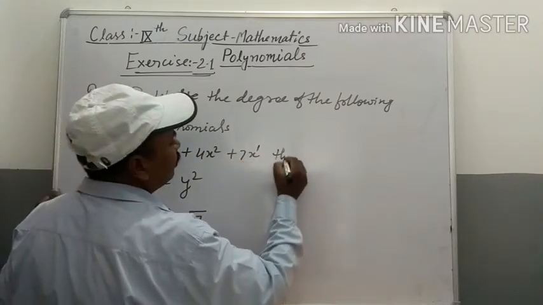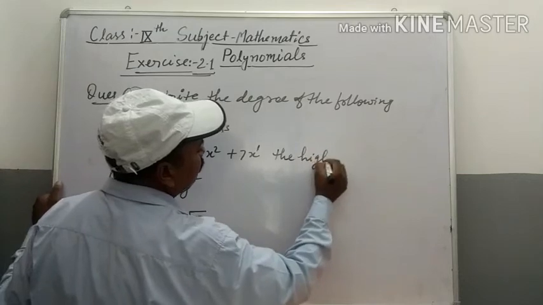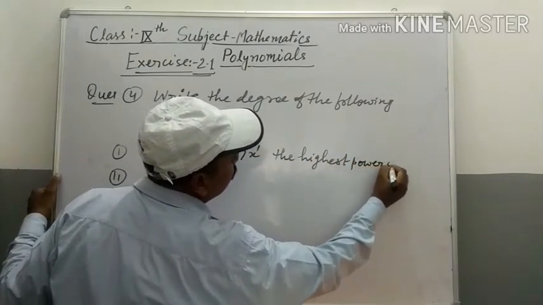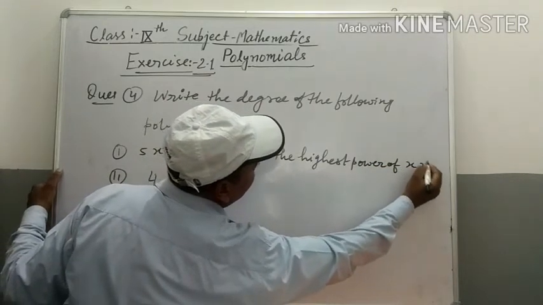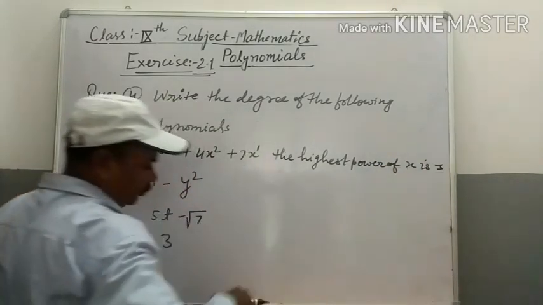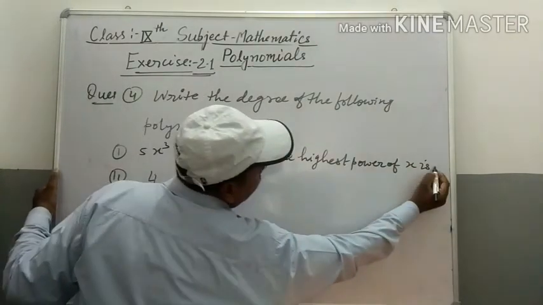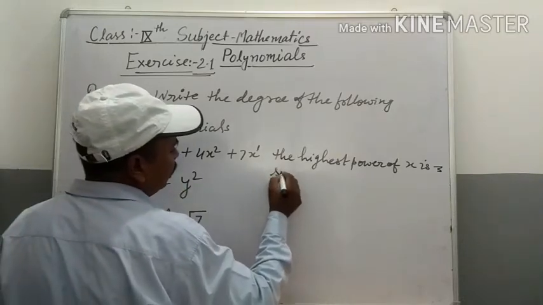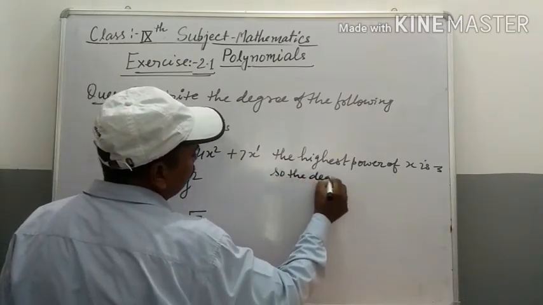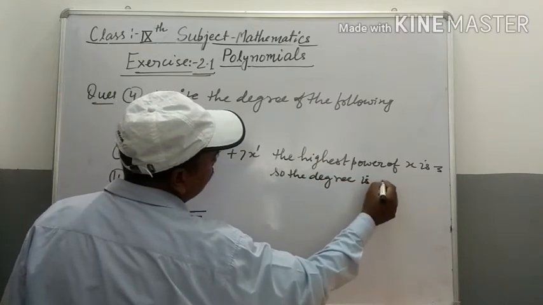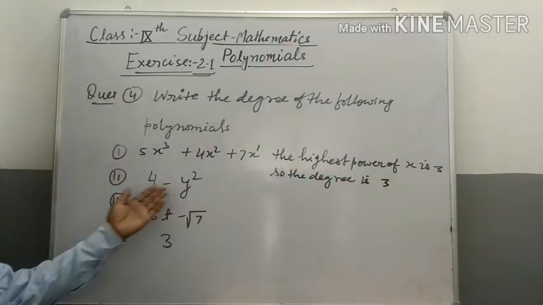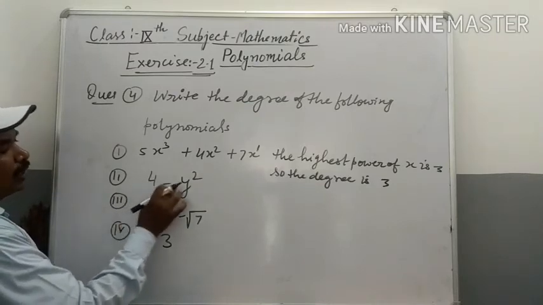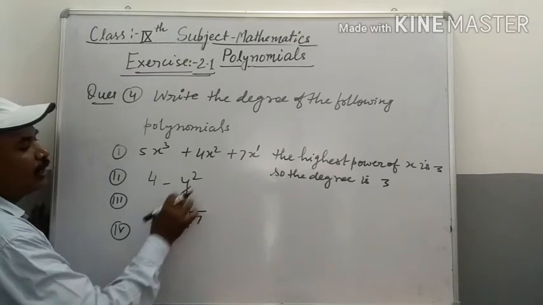The highest power of x is 3. Which is the degree of polynomial? So the degree is 3. You can see, students, in second question, 4 minus y square. The highest power of variable y is 2.